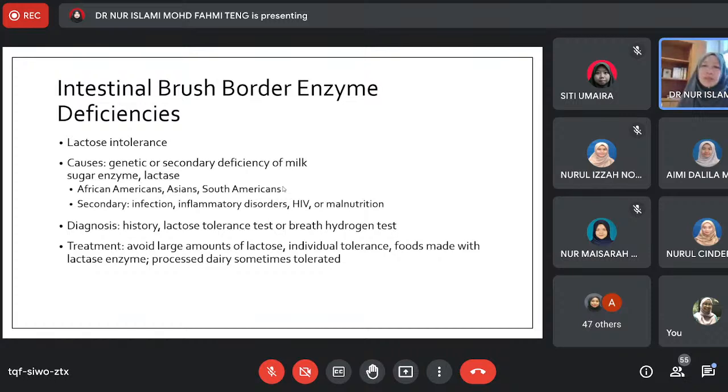It is secondary to infection, inflammatory disorder, HIV, or malnutrition. How to diagnose this? It is based on the history, lactose intolerance test, or breath hydrogen test. The treatment includes avoiding large amounts of lactose based on individual tolerance.